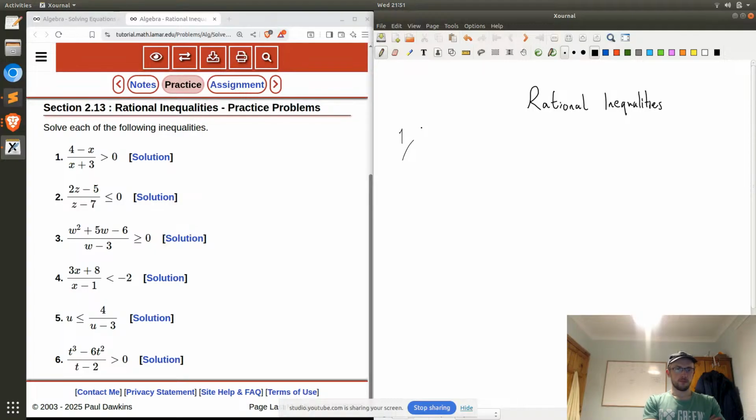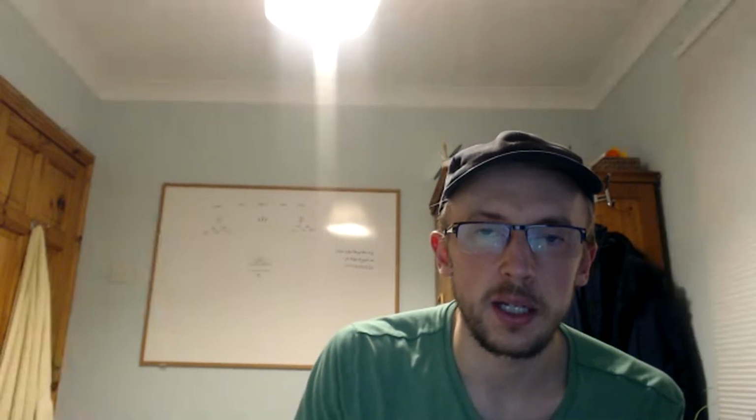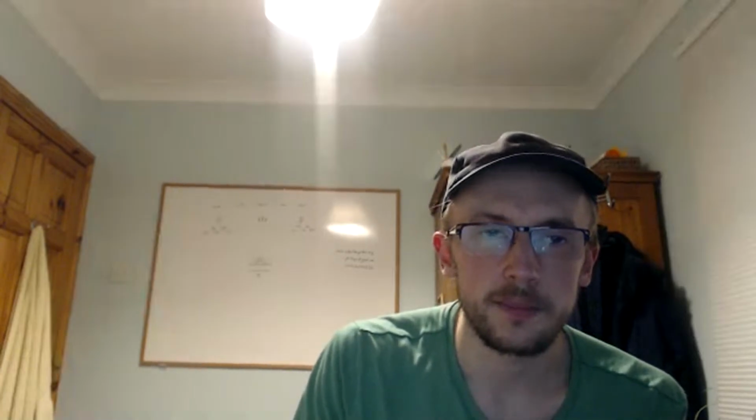So, what do you do? Well, if you multiply both sides by x plus 3, surely that is fully. Let's just try to do it ourselves. So note, x cannot be equal to -3, because then we would have 0 in the denominator.